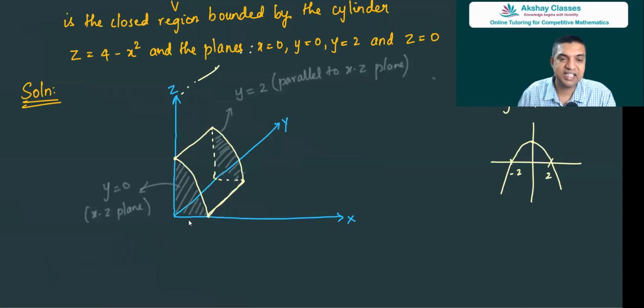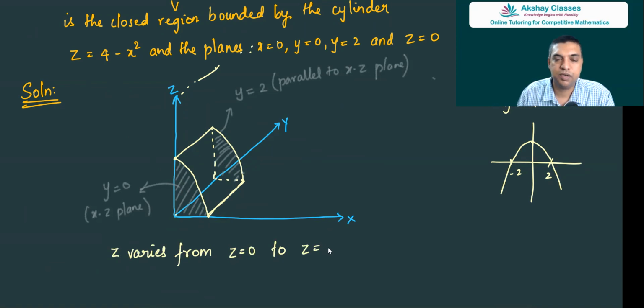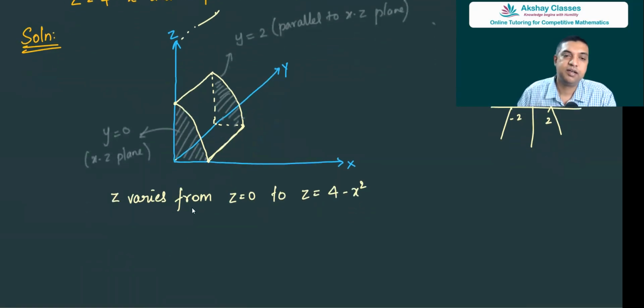Now here we choose any volume element. Z varies from z equal to 0 to z equal to 4 minus x square. Now x varies from 0 to 2.